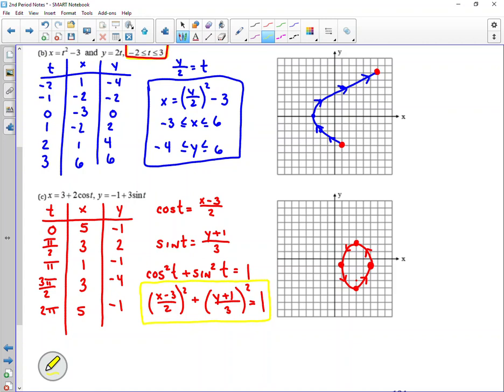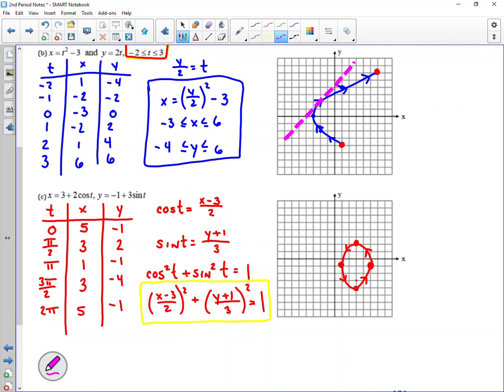Okay, so that's parametrics, and now that we're moving in a two-dimensional plane, a couple things change when we're doing calculus with it. The first one is the first derivative. I still want dy dx, so I still want, for example, the slope of the tangent line to a point. But now my function is in terms of x and y, or t, and I have two separate functions.